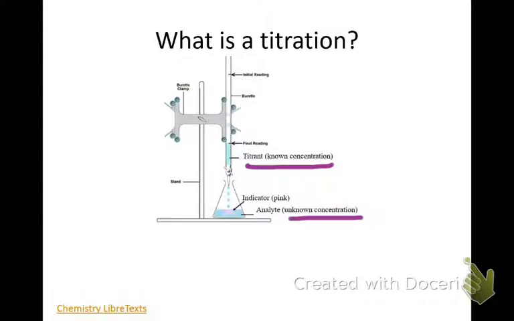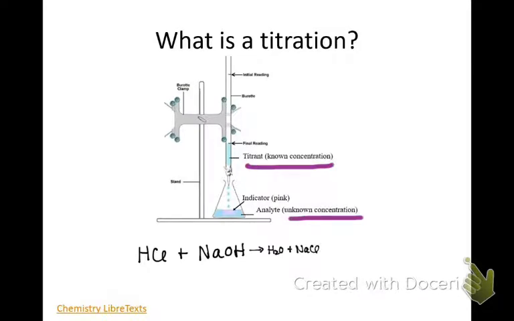So we're going to have some reaction of an acid, say, so maybe this is something like HCl, and then maybe our titrant is NaOH, and we know that if we mix those, we're going to make water and NaCl.